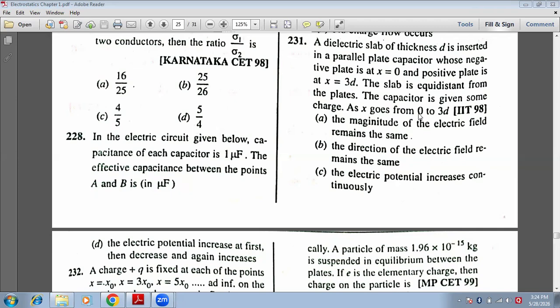As x goes from 0 to 3d: option A, the magnitude of the electric field remains the same; option B, the direction of the electric field remains the same; option C, the electric potential increases continuously; option D, the electric potential increases at first, then decreases and again increases. Correct answer, option B, the direction of the electric field remains the same.